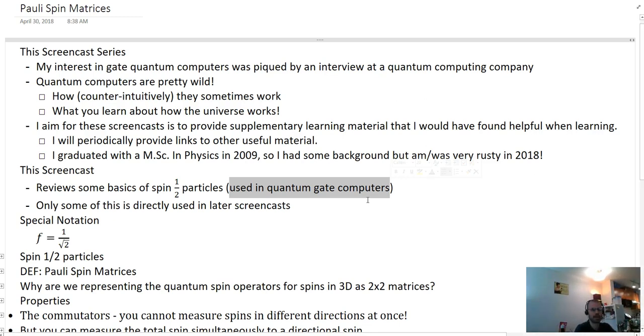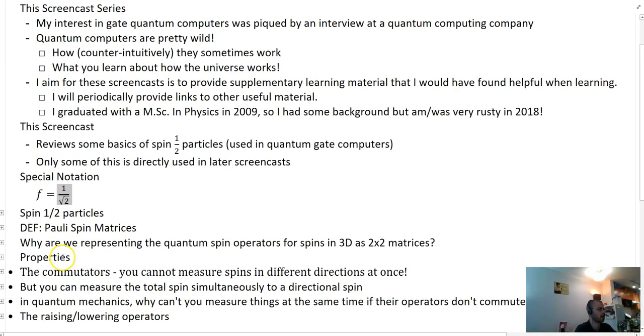We need to at least understand the basics, and I think it's good to have a decent background. All right, and I've defined my own notation here because it's much easier to type just an F for the factor rather than typing out the whole factor. I'll be using that periodically throughout the screencast series. All right, let's dive in.